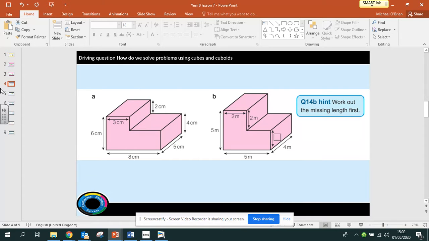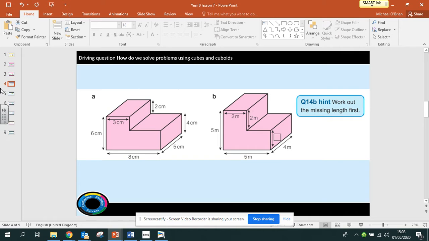So here's a chance for you to do your own work. We have 2 cuboids, both of them L shapes. So both of them need to be divided up, and then for you to work out the volume of the combined shapes.